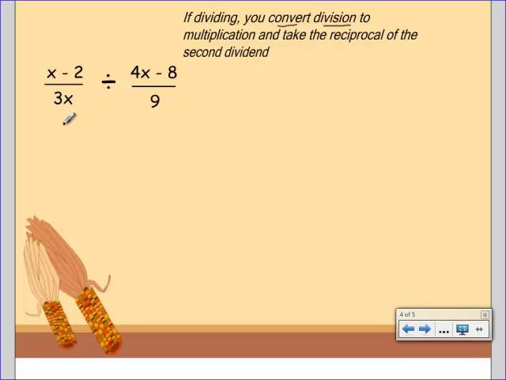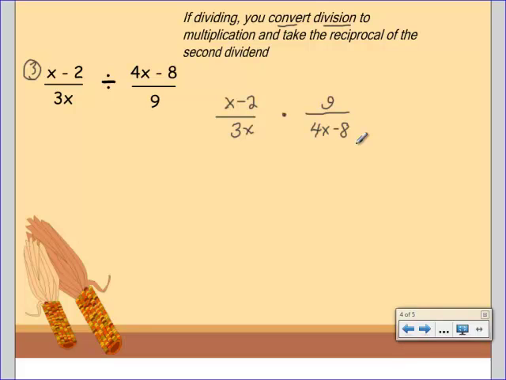I've heard keep, change, flip as ways to remember how to do division. So we keep the first number. We change the division to multiplication. And we take the reciprocal of the second term.